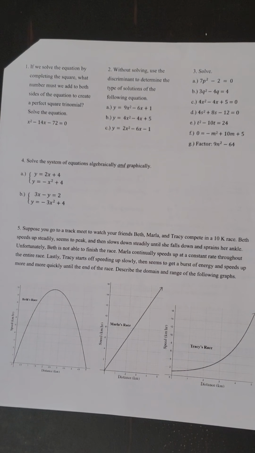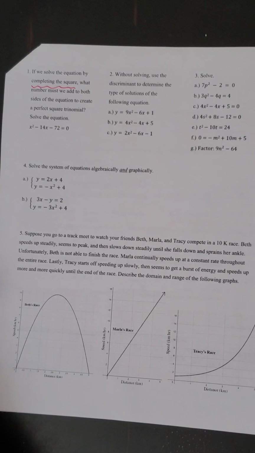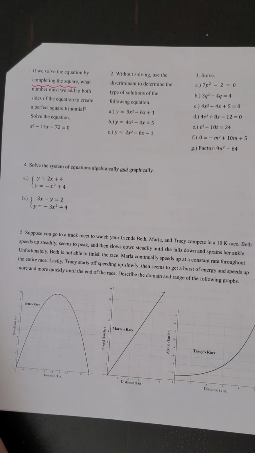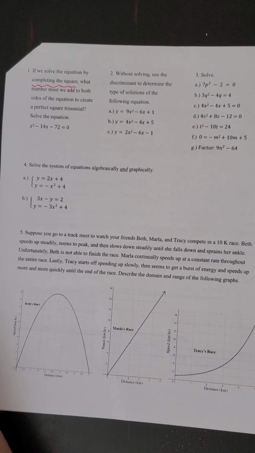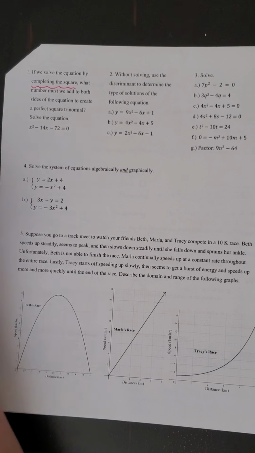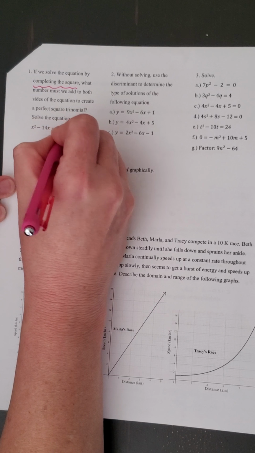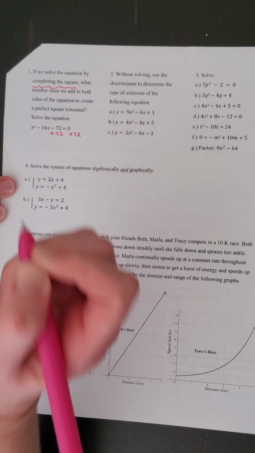Next, if we solve an equation by completing the square, what number must we add to both sides of the equation to create a perfect square trinomial? So remember that to make a perfect square trinomial, the first thing we need to do is we're going to move that 72 over, our C term.